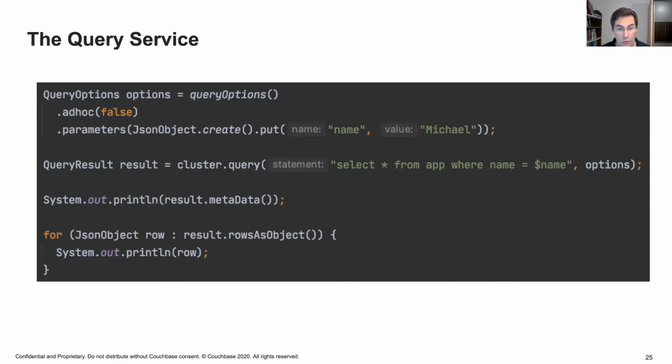Here we set ad hoc to false, which will do prepared statements. So the statement will be prepared on the cluster, and then every subsequent operation will use the prepared plan and is going to be more efficient. And then we print some metadata that we got back from the result. We also stream our data and print every row.